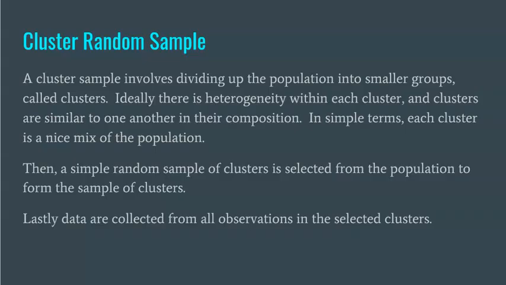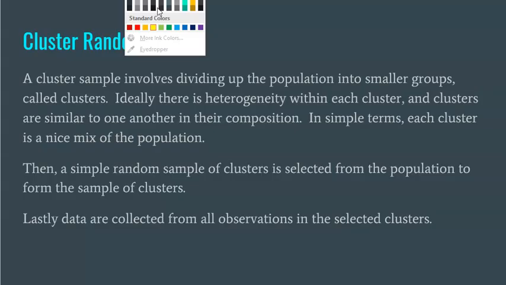And clusters are similar to one another in their composition. So this is a little bit tricky to explain, but in simple terms, each cluster is a nice mix of the population. So remember, in Stratified, we made groups that were very similar within, very different between. With cluster sampling, we do the opposite. We make groups that are very different within, which means they're very similar between.